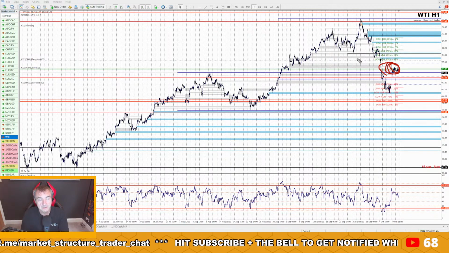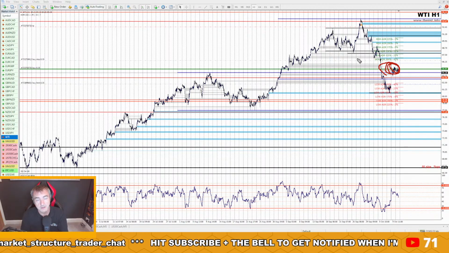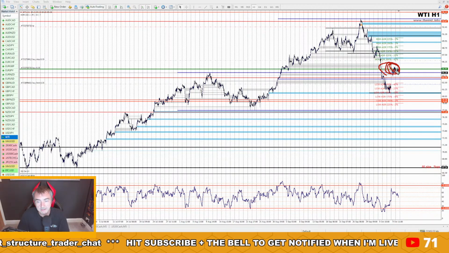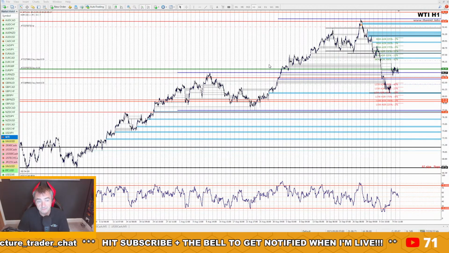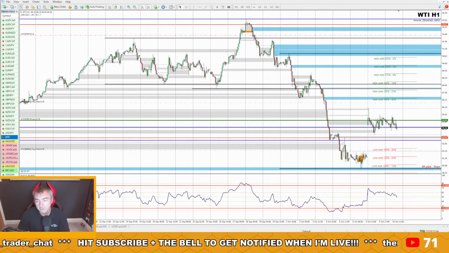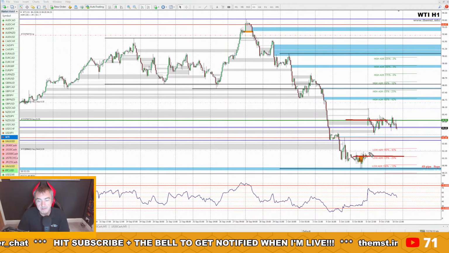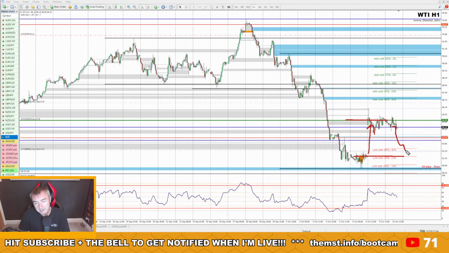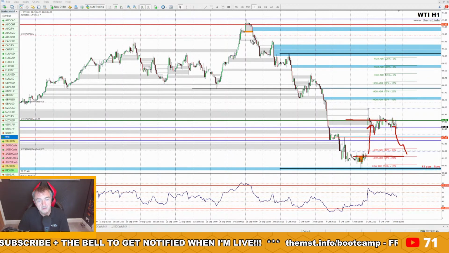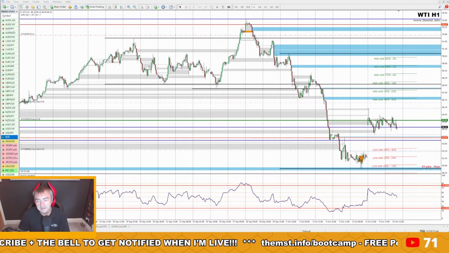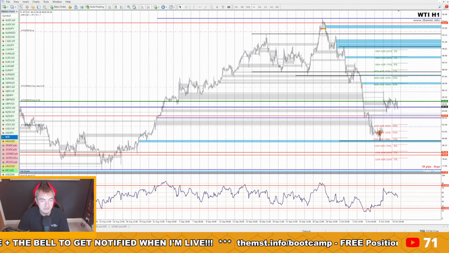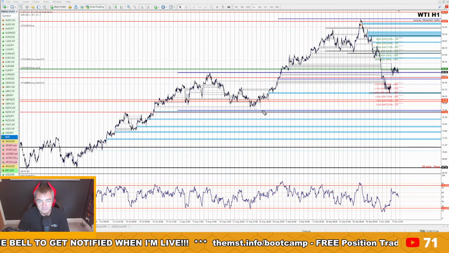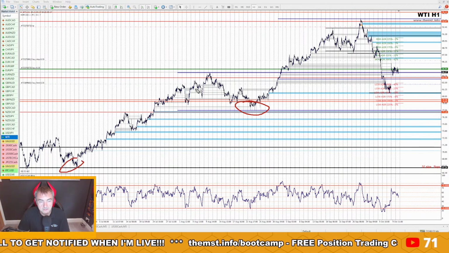So if that does spill out, this is going up. If it doesn't spill out, it could well just pop back down again. But the reason for this gap is because of what happened in Israel over the weekend. This is the market panicking about supply and demand problems. It may not happen. If it doesn't happen, we should be starting the next leg up anyway, because we were expecting the next leg up.